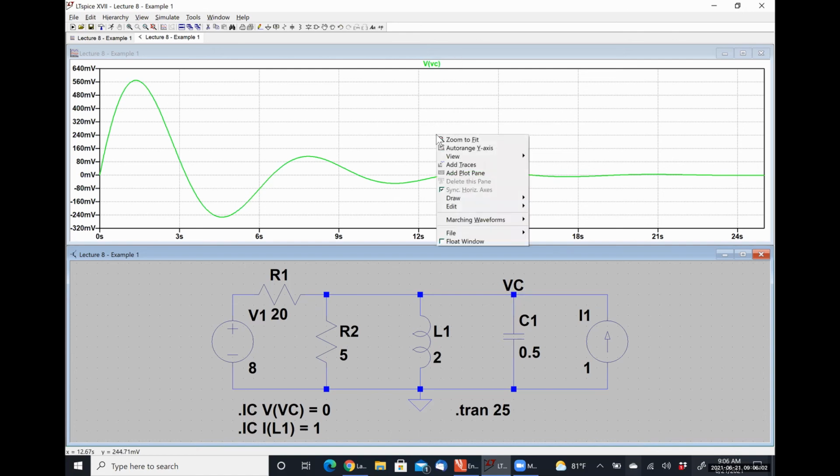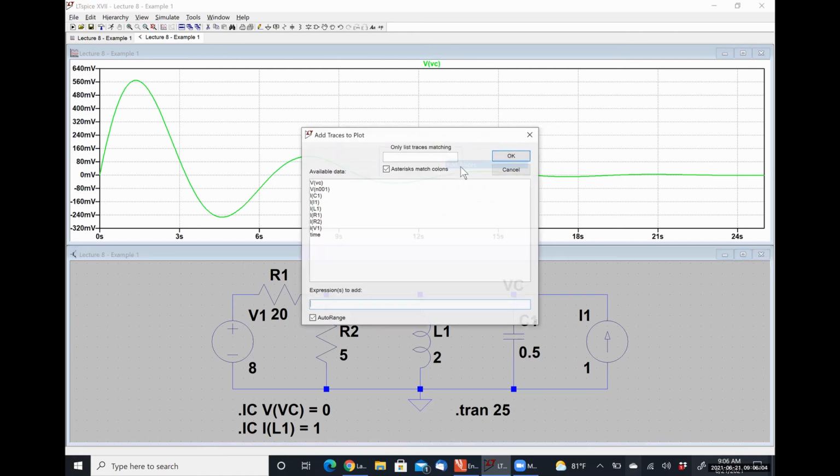If I right click on my graph and add a trace, I can type in the mathematical expression. I'm not going to do the 0 times cosine because that's pointless. 0.826 times the sine of 0.968. And I'm about to do something here that is critically important.